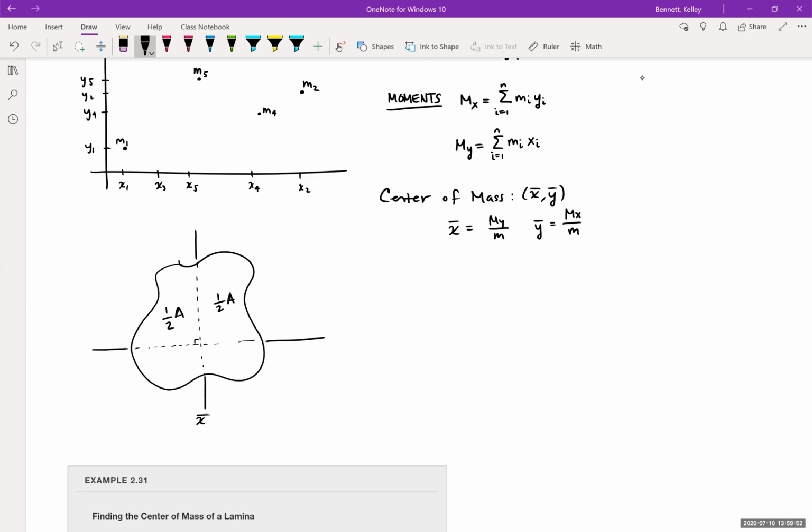And I would say, okay, now what I want is half the area here and half the area here. And so then this would be y bar. So this point right here, if I were to have this plate blob perfectly level, I could stick a needle right at this point and it would balance perfectly on that needle, so long as the needle was at x bar comma y bar. That's the idea of center of mass.